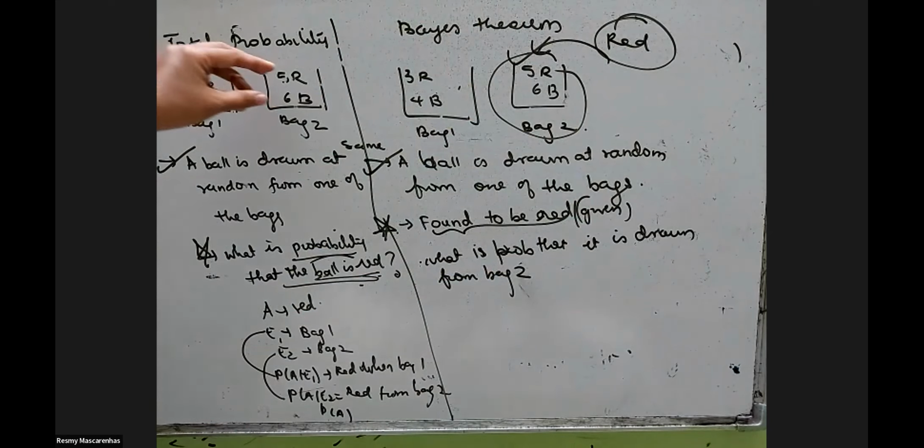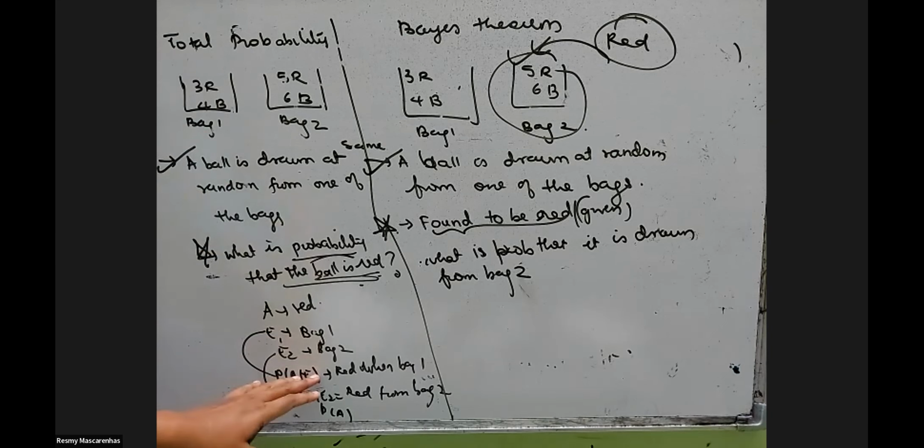Again repeating, here you are given a task. I tell you, go pick a ball from one of the bags. So you go and pick a ball. Now I'm standing at one place and trying to think, what are the chances that you must have picked a red ball? This is that calculation. Now here, I give you a task, go pick a ball and come. You come to me saying it's a red ball.